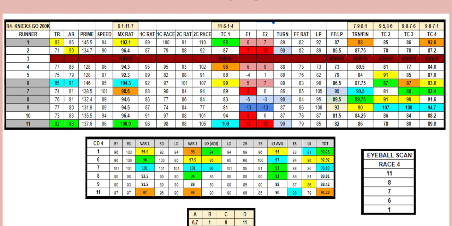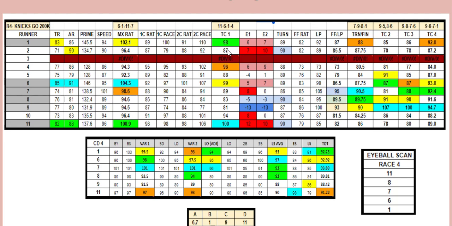Let me just let you know what that is real quick. All that is, is taking the fractional time rating averaged with the Briz pace number for the first call and also for the second call, and averaging them all together, and that's where I'm coming up with my thorough capping 1.